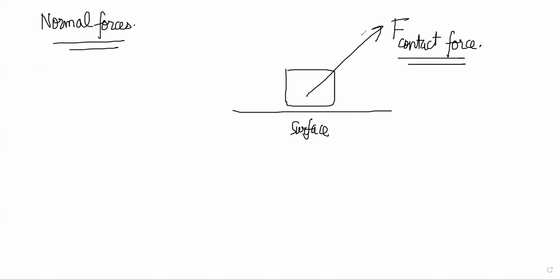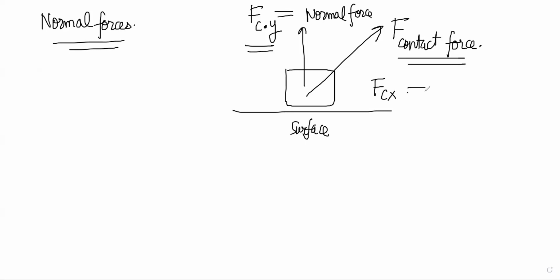The contact force could be in any direction, and we take the vertical component, the y component of the contact force, to be called the normal force. The x component of the contact force is known as friction. So if you split the contact force into two components, you get normal force and friction. So that is the origin of your normal force.